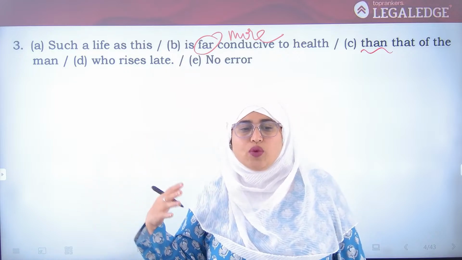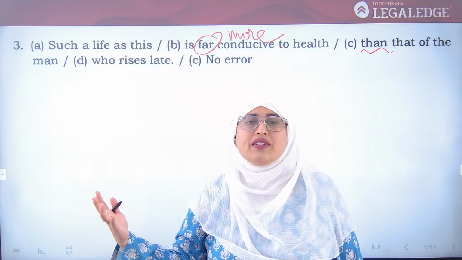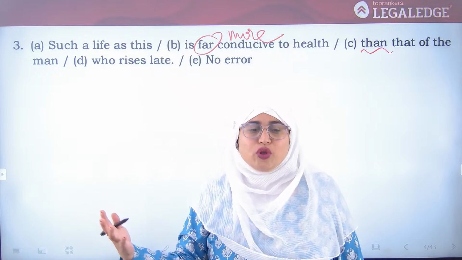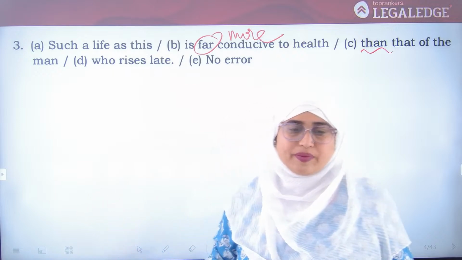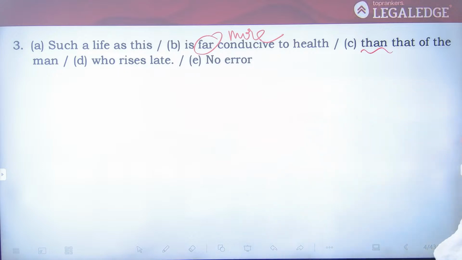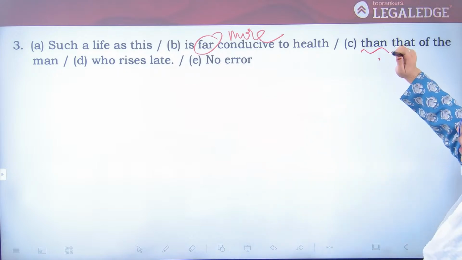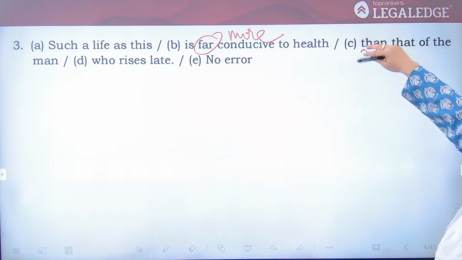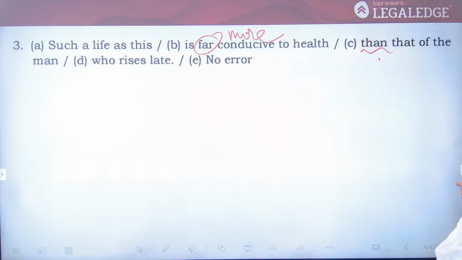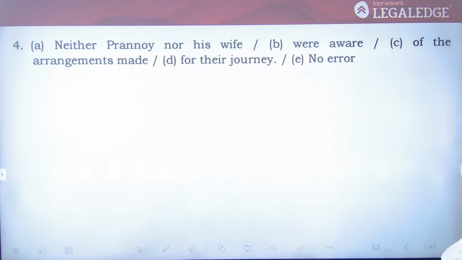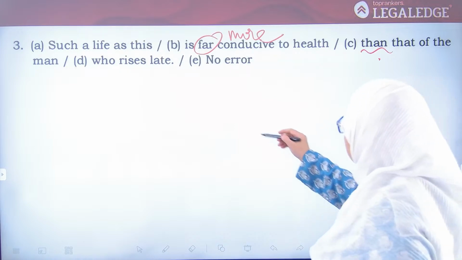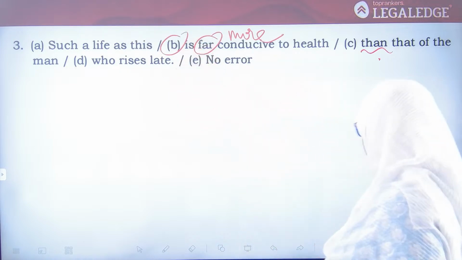So more conducive to human health than that of. You are already aware of the fact that that's a comparative sentence. So it's more conducive. So the erroneous part was B.